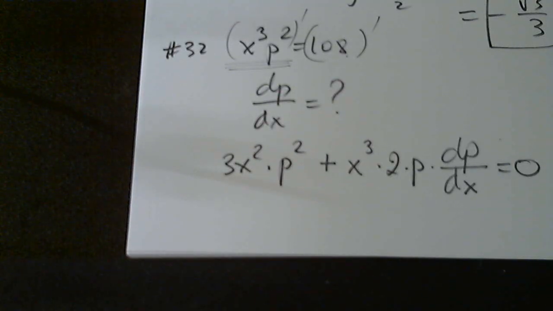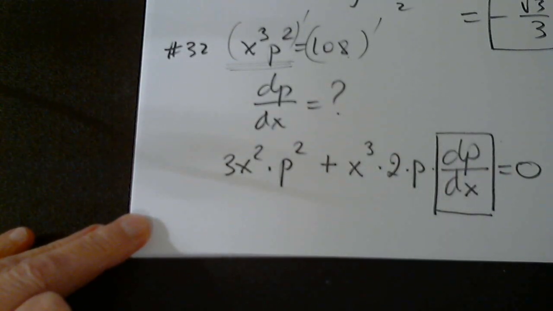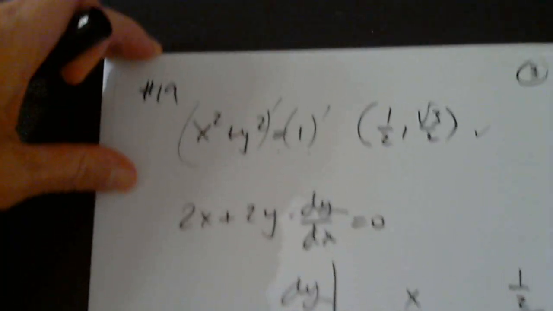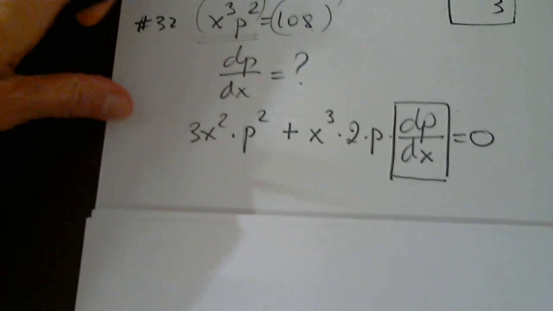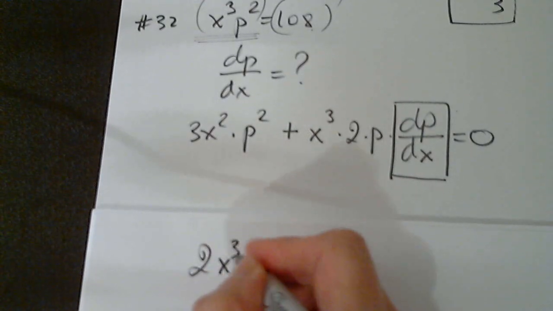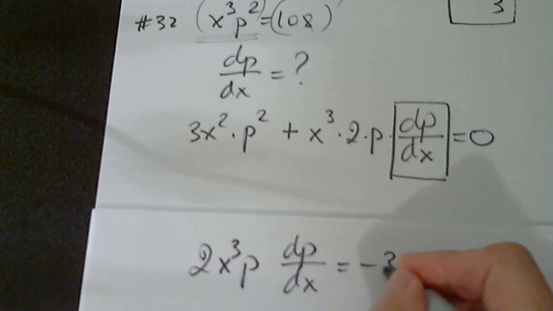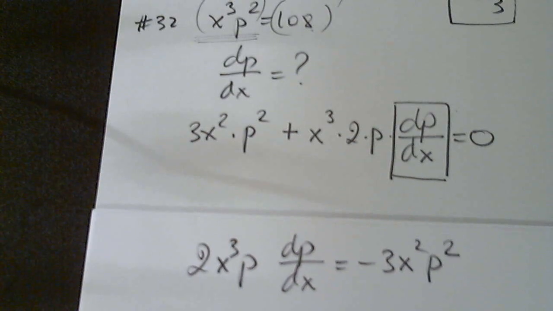Is this okay? Yes. Perfect. Okay, so now I have to solve for this. This term will move to the other side. I have to change its sign. So 2x cubed p dp over dx equals negative 3x squared p squared.